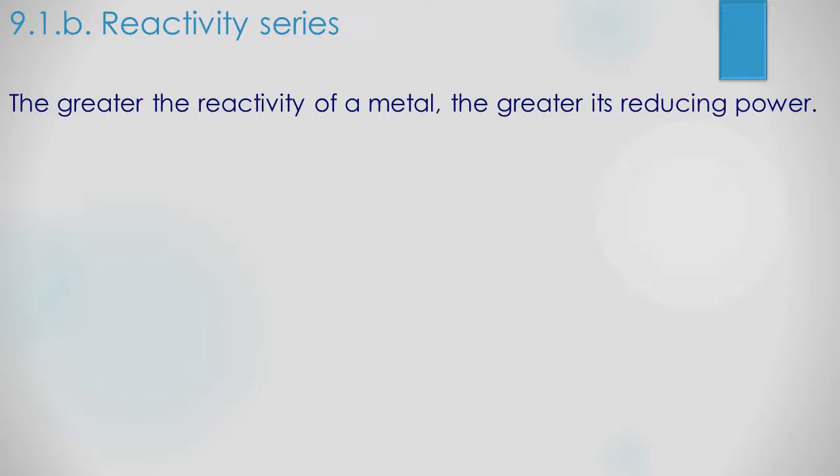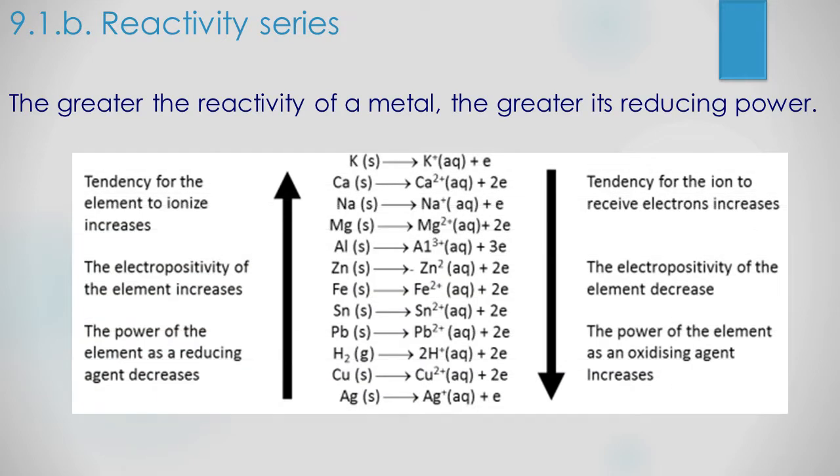However, metal ions can undergo reduction or oxidation depending on the ion itself, if it can form more than one oxidation state, as we saw in topic 1, transition metals. So as you can see here, potassium, we said it's the most reactive metal.